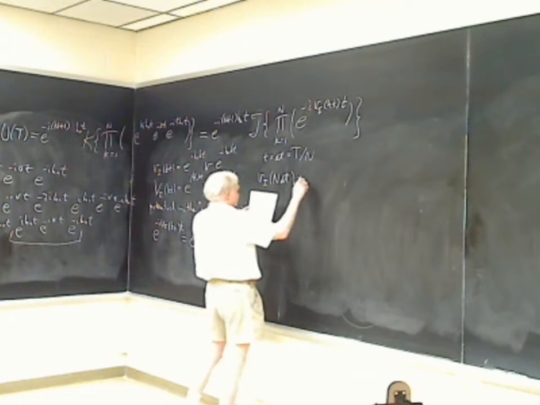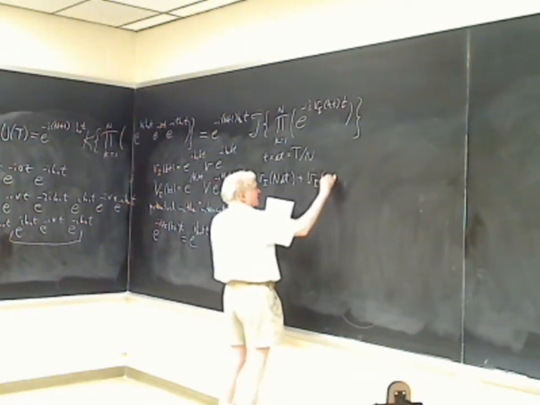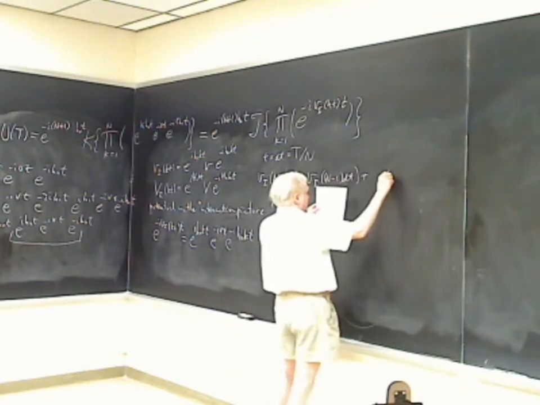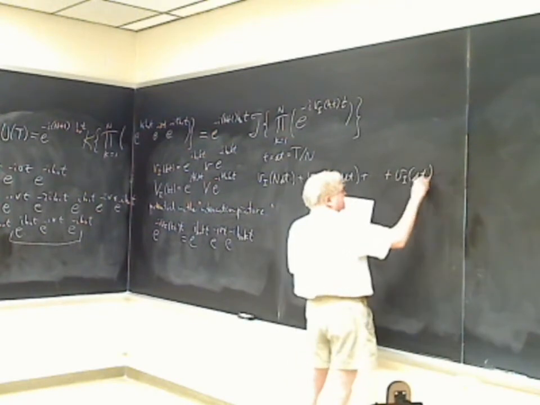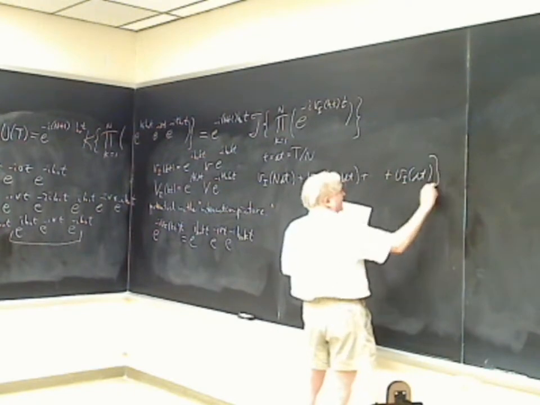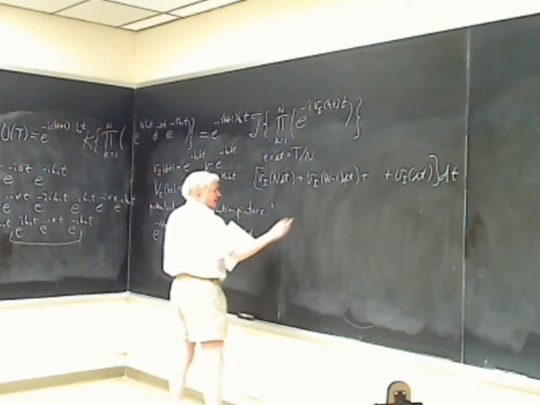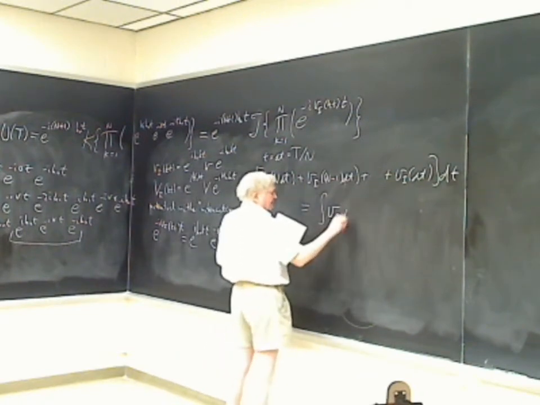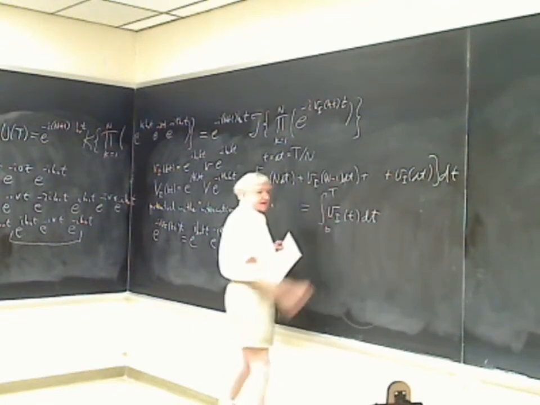This plus v sub I of n minus 1 dt plus plus v sub I of dt, all that times dt is an integral v sub I of t dt from 0 to capital T.